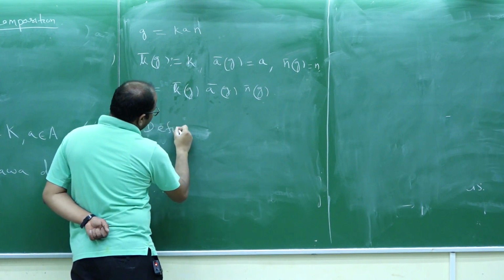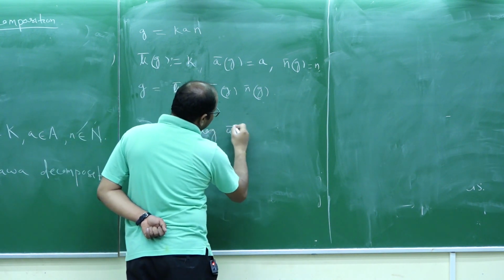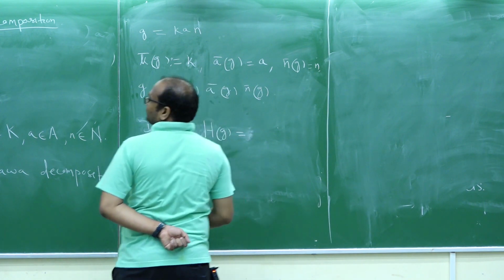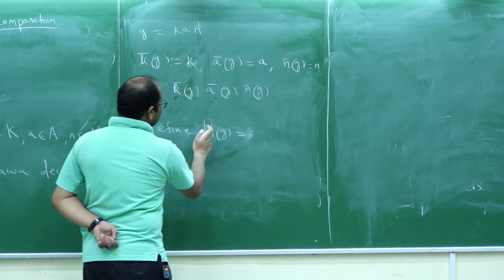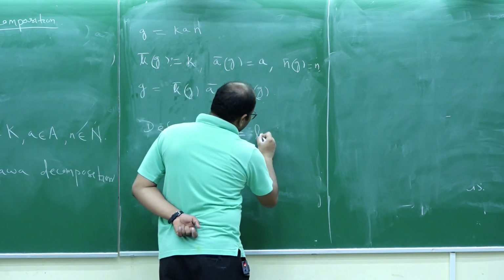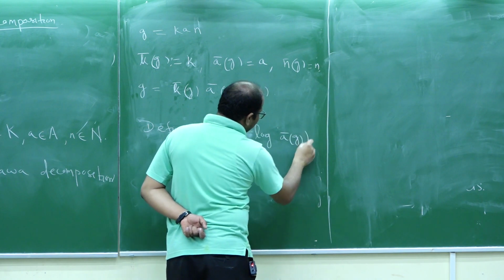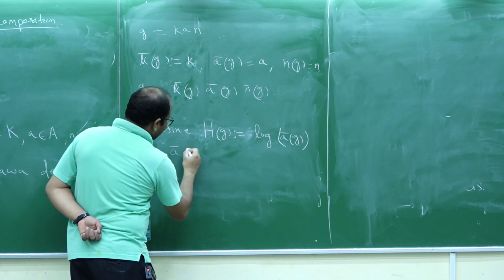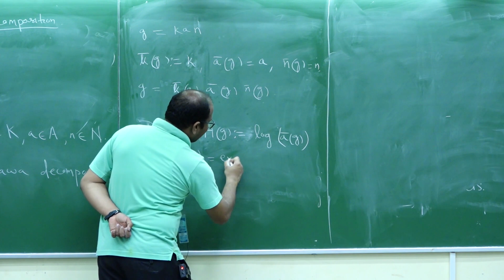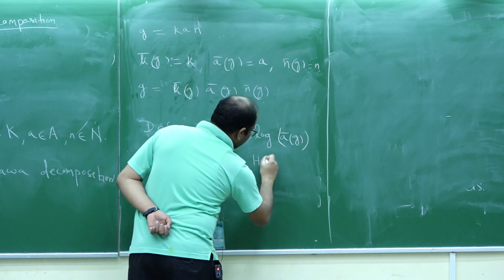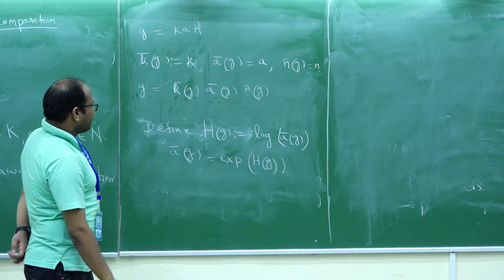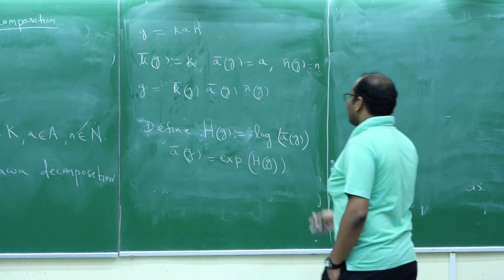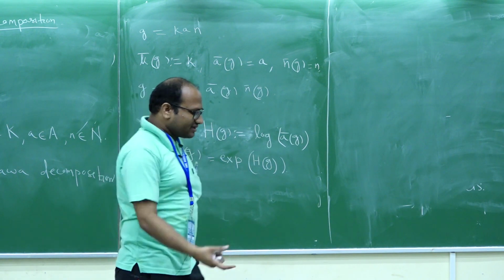So remember in the beginning I defined something called log of A bar G. Define this log of A bar G as H. Do not confuse this with the upper half plane, this H is different. So H is log of A bar G, and this A bar G is really the exponential of H. I told you in the beginning that the log of any element of A can be thought of as a matrix as well as a real number.